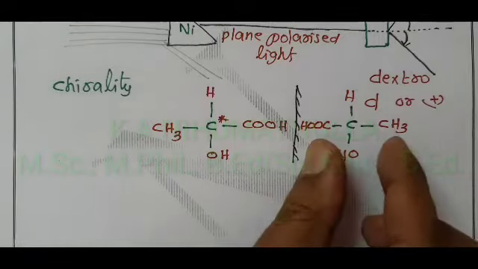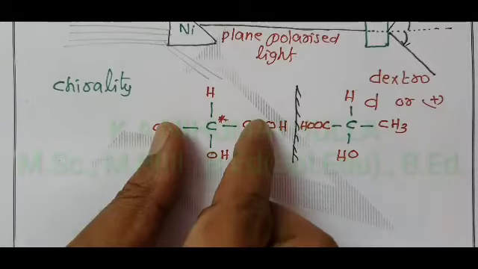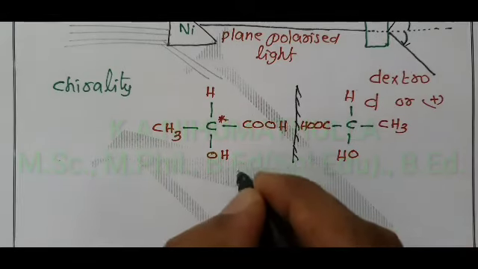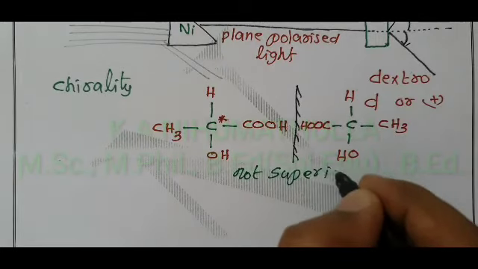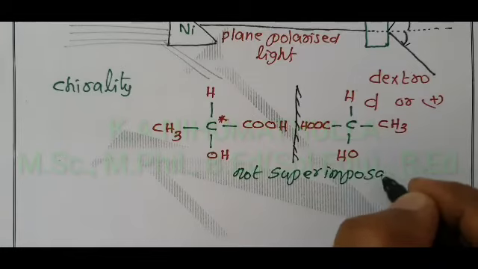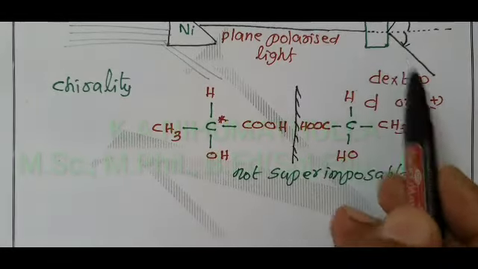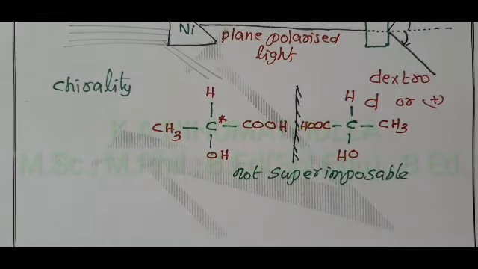When you place the mirror image on the compound, the mirror image and the compound are not superimposable. If a compound contains a chiral carbon, the compound and its mirror image are not superimposable. Therefore, one rotates the plane polarized light into clockwise direction, another rotates it into anti-clockwise direction.